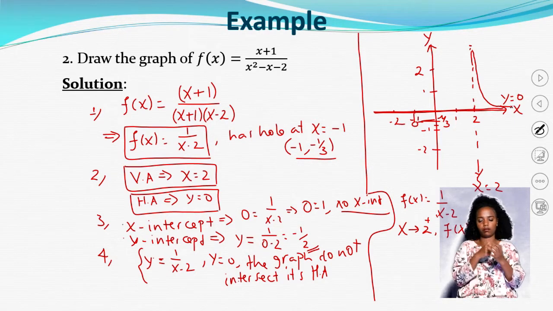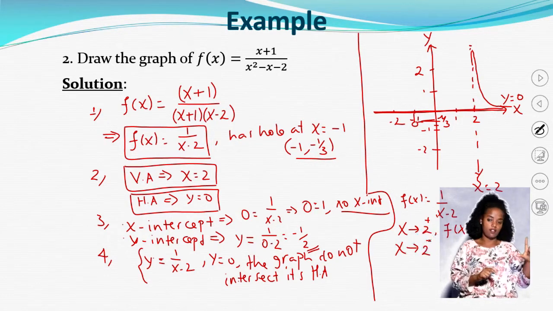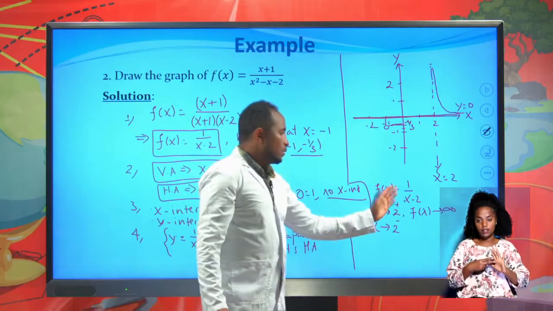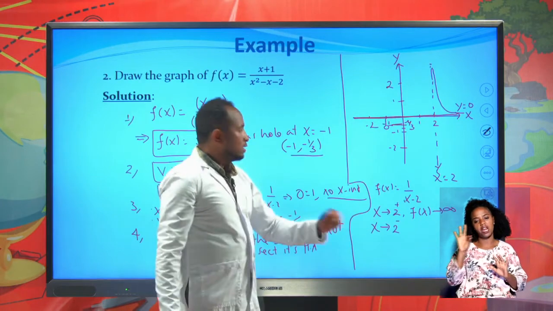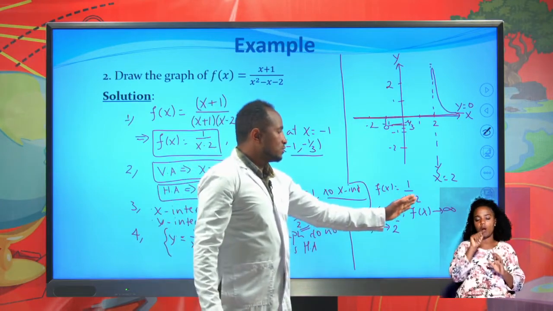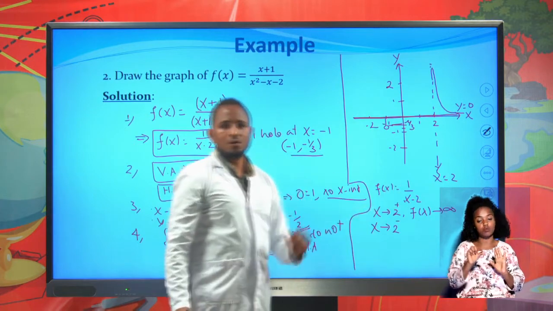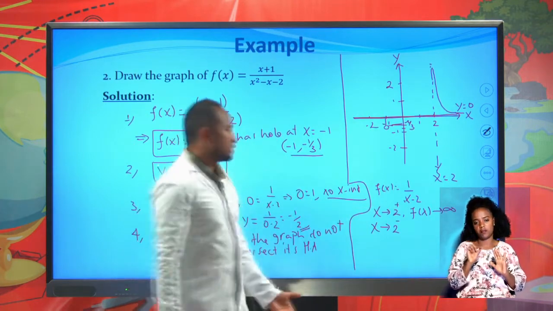Again, when x approaches 2 from the left side, it means almost 1.999. If you take 1.99 minus 2, you'll have a small negative number. 1 divided by a very small negative number gives you negative infinity.